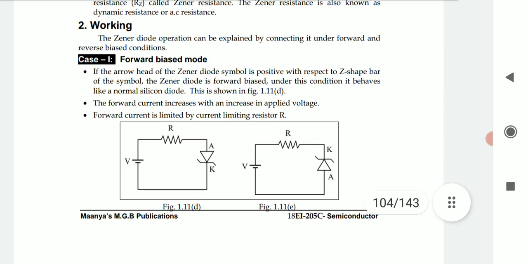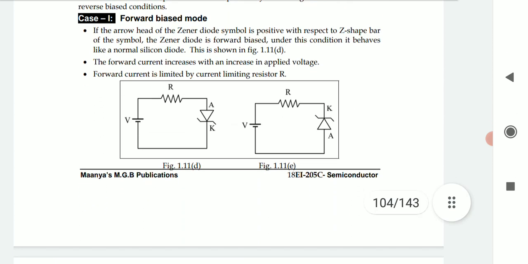The Zener diode operation can be explained by connecting it under forward and reverse bias. The forward and reverse bias connections are as usual as p-n junction diode. Forward bias: positive to positive of the battery, negative to negative of the battery. Similarly reverse bias: positive to negative of the battery and negative to positive of the battery.